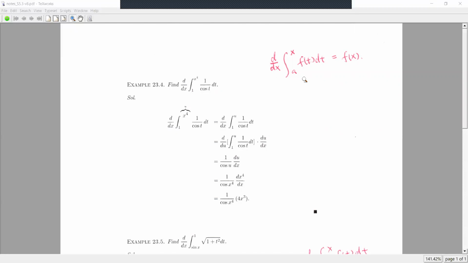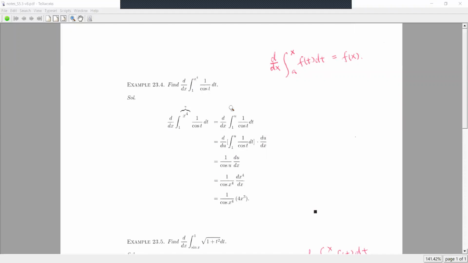I want to use this formula to solve the problem, but this formula requires the lower limit is a constant. The upper limit is just x. In this integral, the lower limit is a constant, no problem. But the upper limit is x to the 4th, not just x.